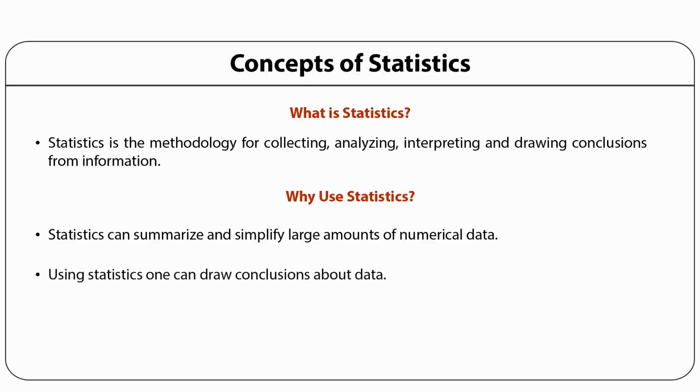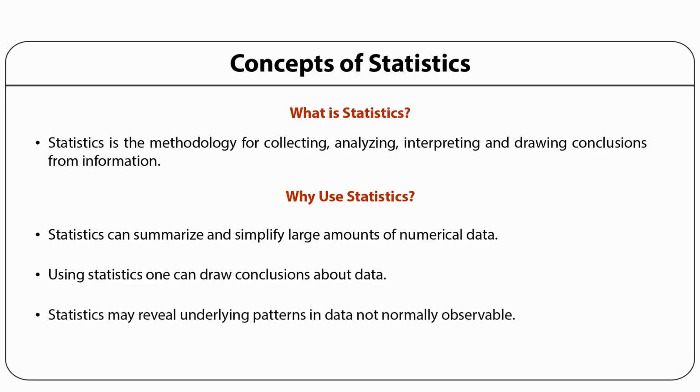Using statistics, you can draw conclusions about data, as I have already explained. Statistics may reveal underlying patterns in data not normally observable. When you have data in hand today, and maybe after 1 month you take data again, and after another 6 months you have data, by the time you get 6 months of data you have forgotten what happened in the past.